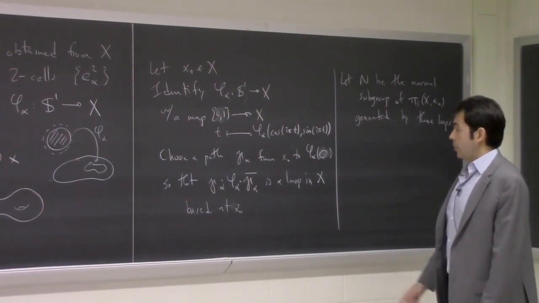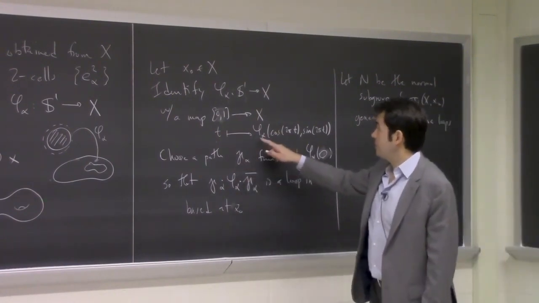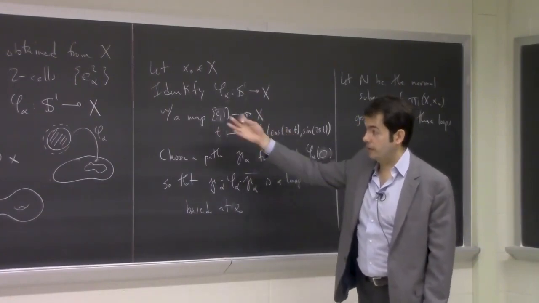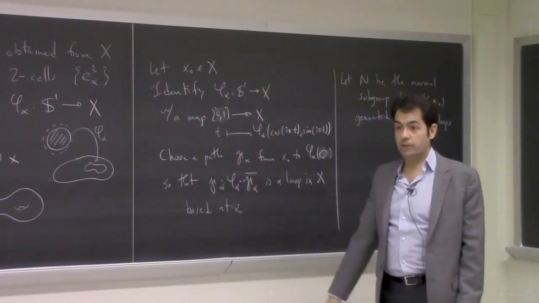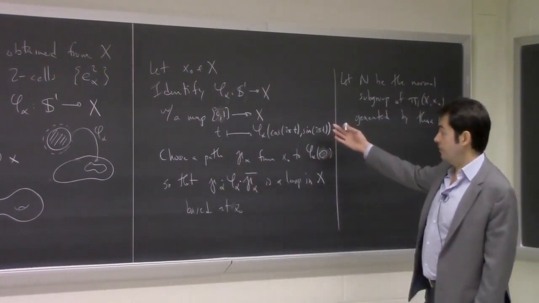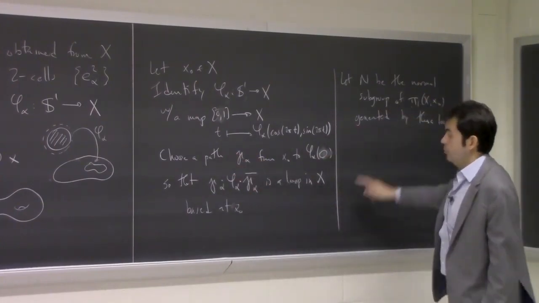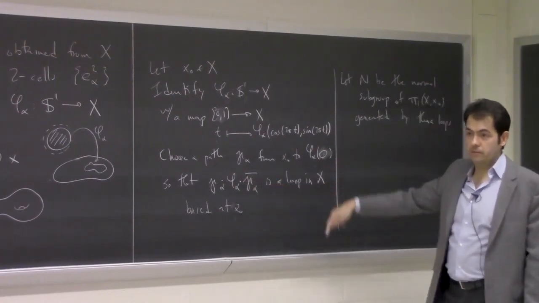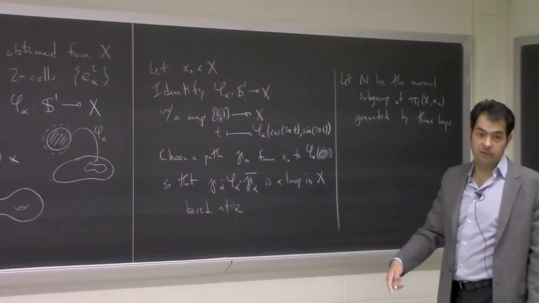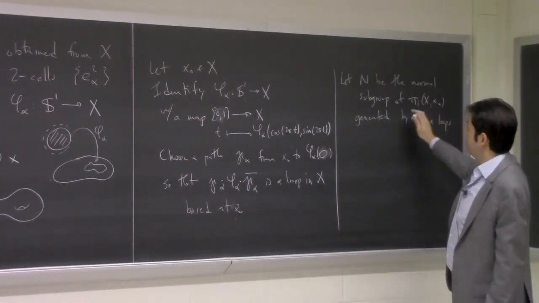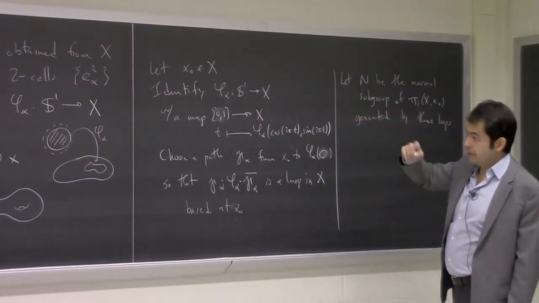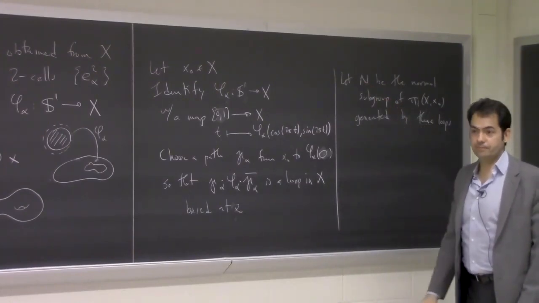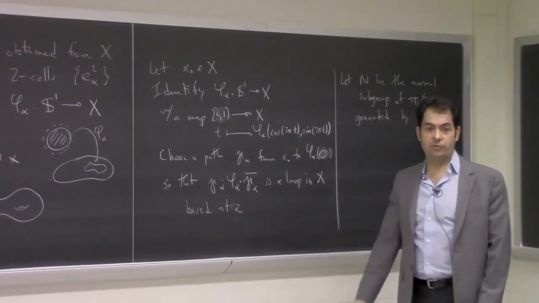Okay, so like we were saying, each of these loops becomes null homotopic in Y. But we want to talk about that in the fundamental group of X, so we just need them to be based at x naught. So we do the usual thing of putting a path in to make it start and end at x naught. And now we have elements of the fundamental group. And the claim is that attaching these just kills N. Okay, and it doesn't do anything else to the fundamental group.